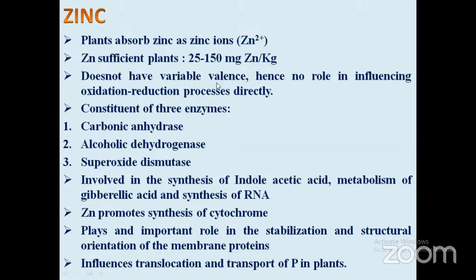It is a constituent of three enzymes: carbonic anhydrase, alcohol dehydrogenase, and superoxide dismutase. Superoxide dismutase we have seen in manganese also; that was manganese SOD, and this is zinc SOD.